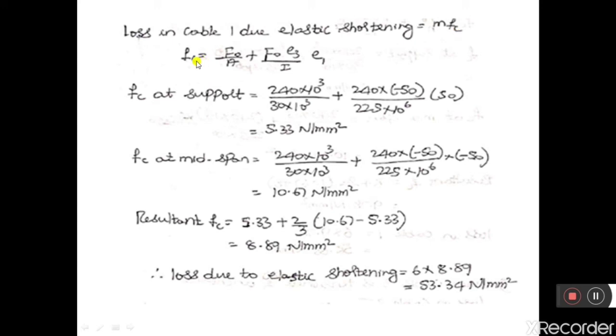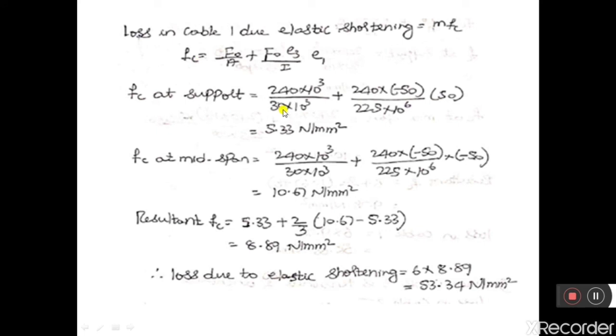So Fc, the formula is the same. Here it is e3 and e1 because we are considering losses in cable 1 when cable 3 is pulled and anchored. So compressive stresses in the concrete when the eccentricities at the support are minus 50 mm and plus 50 mm.